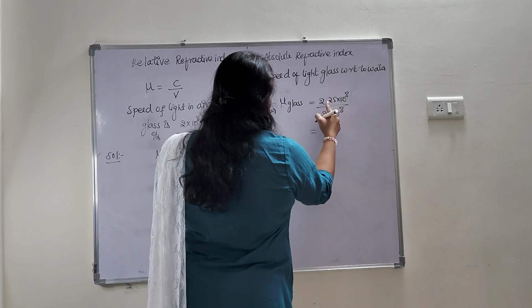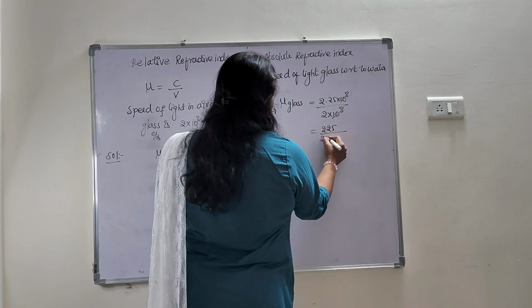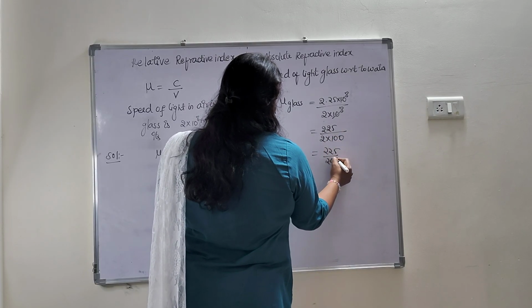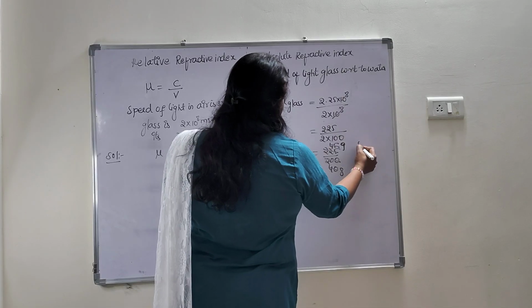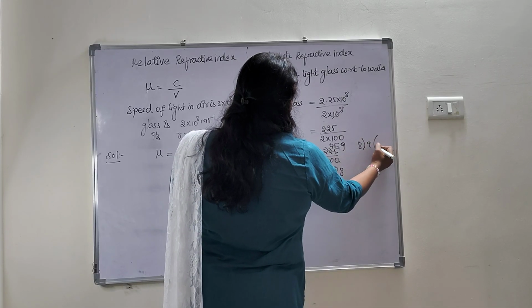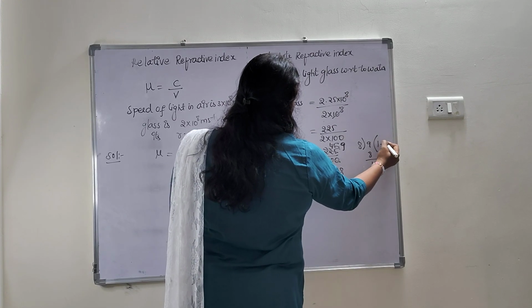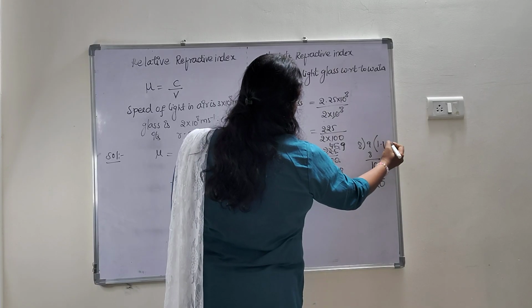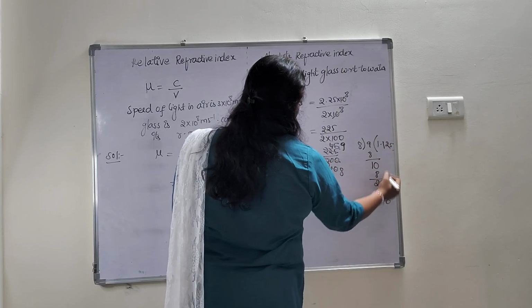So this can be written as, after the point two digits are there, 225 by 2 into 100. So 225 by 200. 5 40s are 200, 5 45s are 225, so 9 divided by 8. 8 ones are 8, 1, 0. 8 ones are 8, 2. 8 twos are 16. 8 fives are 40.